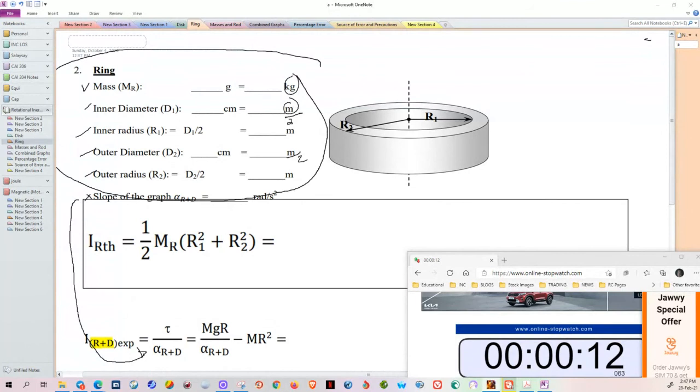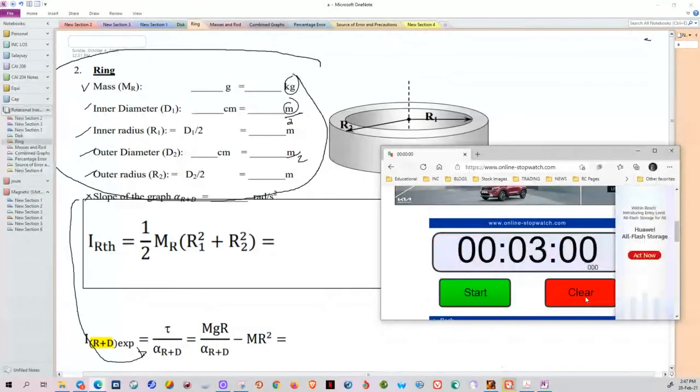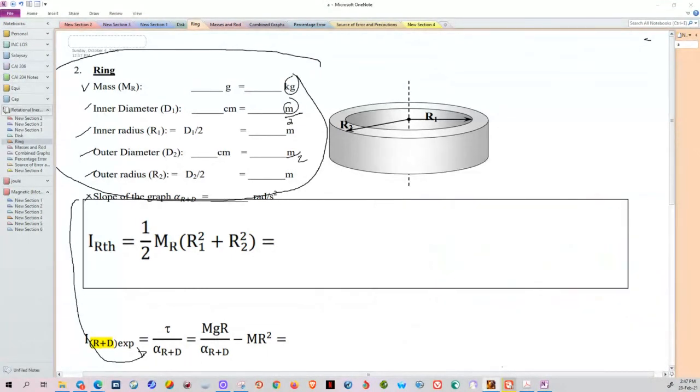Wow, Musa's answer is different. D1 is 7.66? Nope, that's D2. D1 is 5 point something, if I remember. That's it, time's up. Okay, we have two different answers.